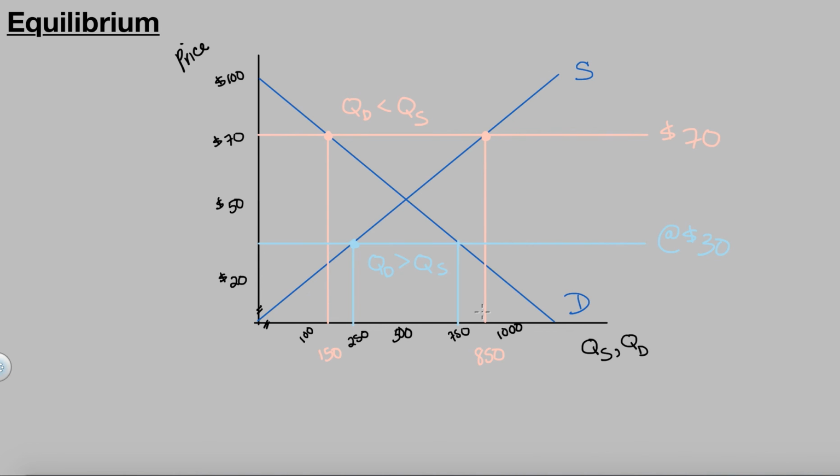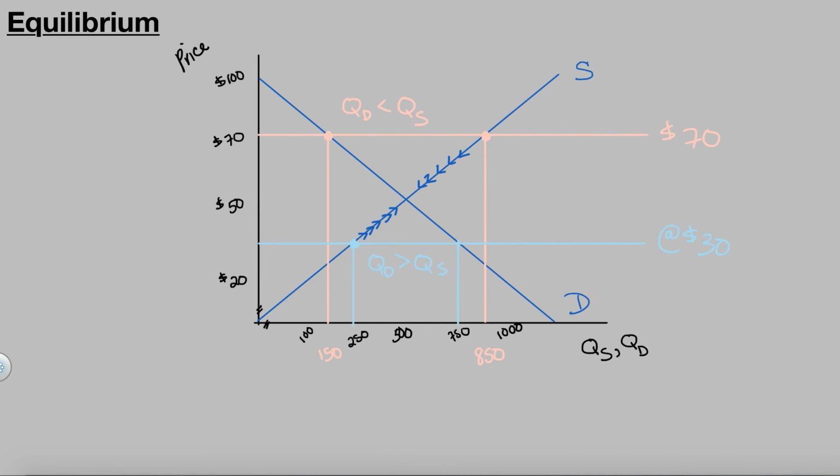Okay, so obviously, in the market, each person is looking out for their best interest, the suppliers trying to get as much money as possible, and the demanders trying to pay as little money as possible. Over time, through the invisible hand, the demanders, if they want it, have to be willing to pay a little bit more, and the supplier, if they want to sell it, has to be willing to accept a little bit less.